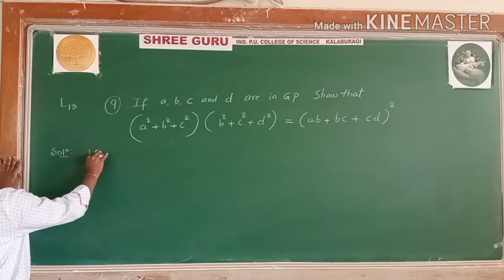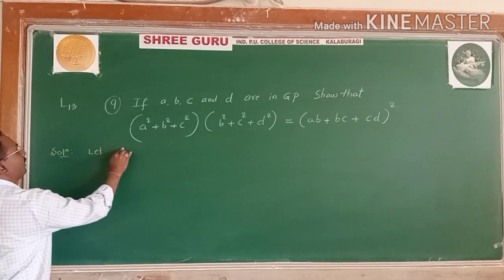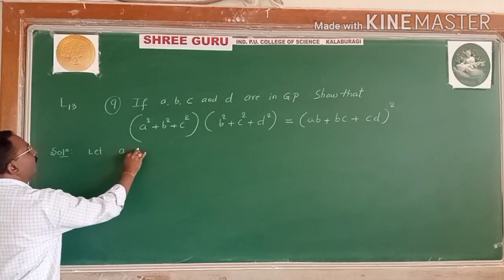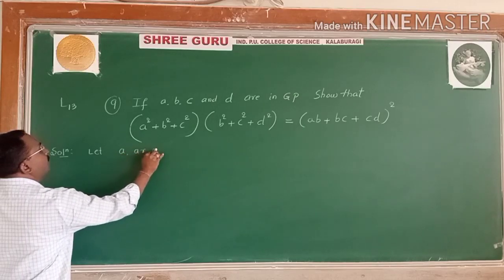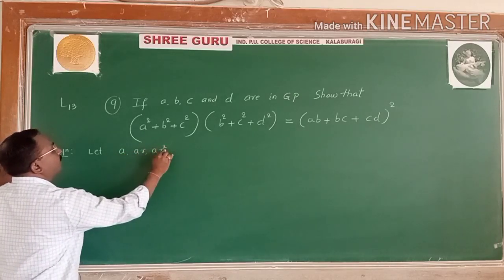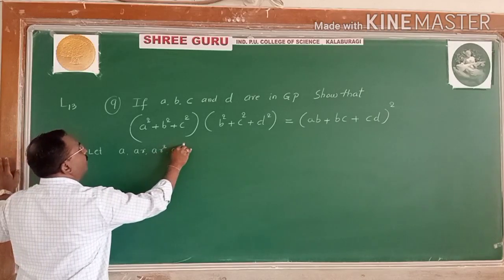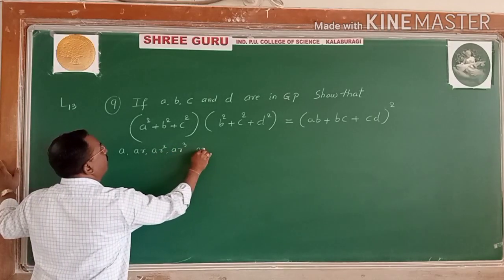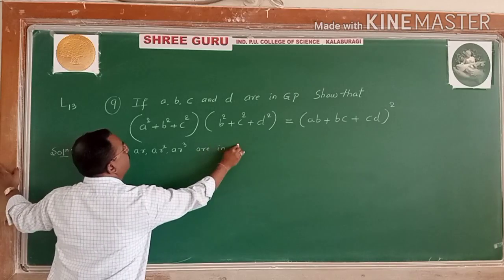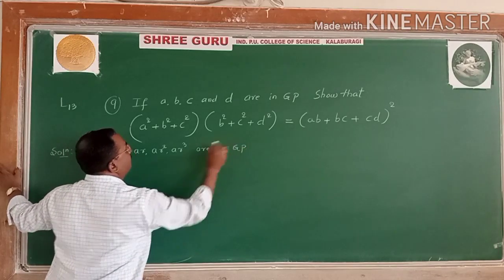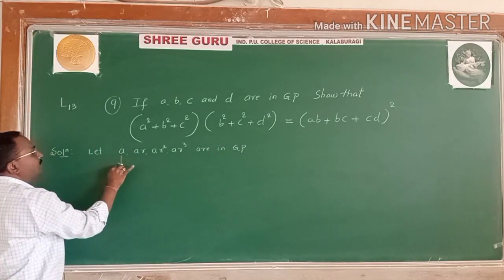Let a, a into r, a into r square, a into r cube be in GP terms, respectively.